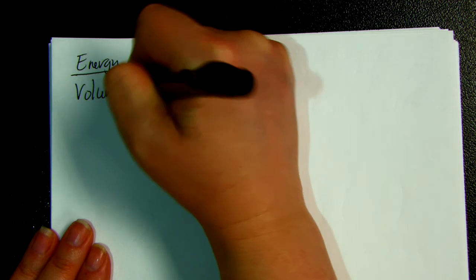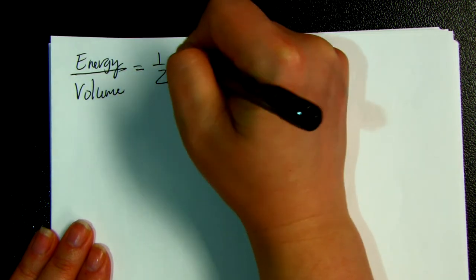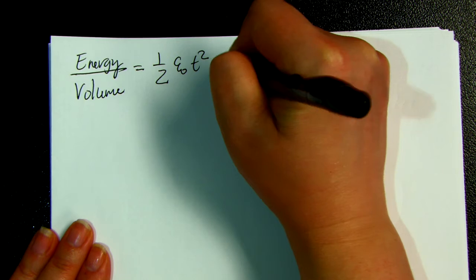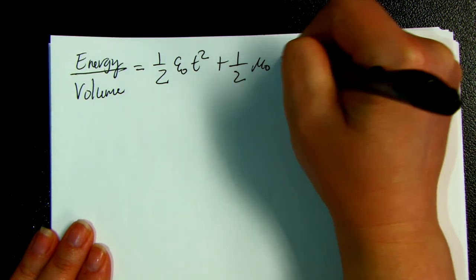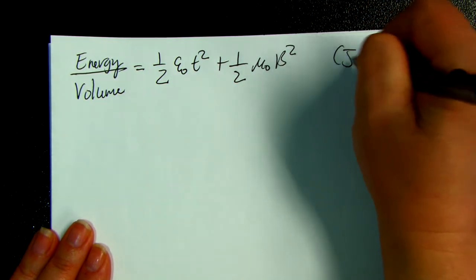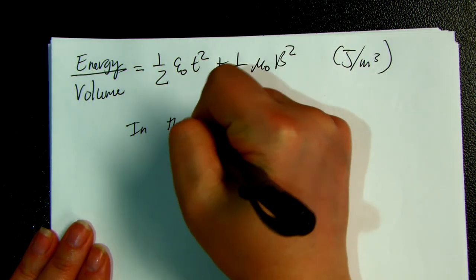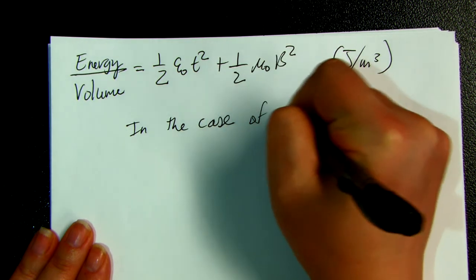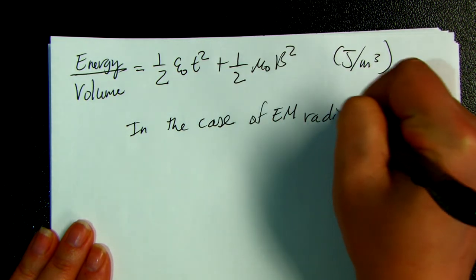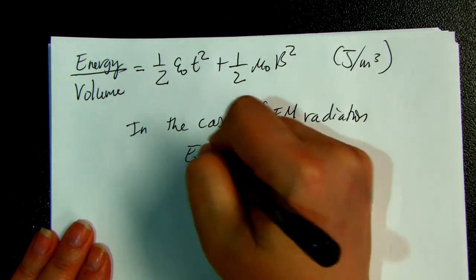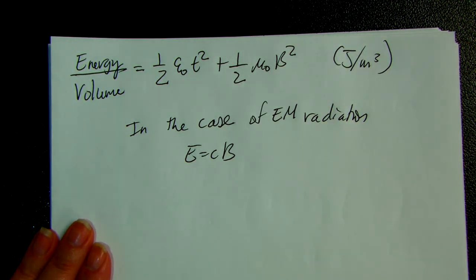So we have energy divided by volume is equal to 1/2 epsilon naught E squared plus 1/2 1 over mu naught B squared, joules per meter cubed. So in the case of electromagnetic radiation, E is equal to CB, which we've already shown.